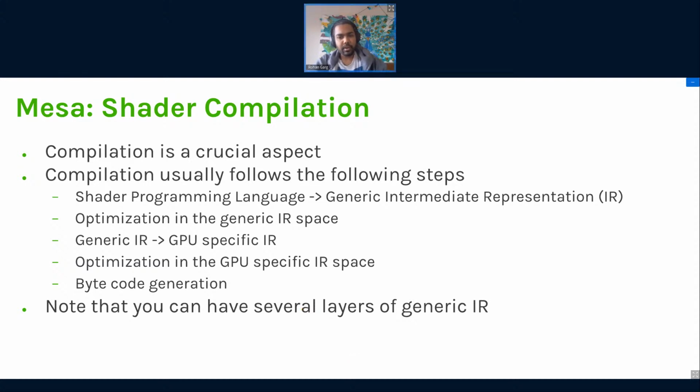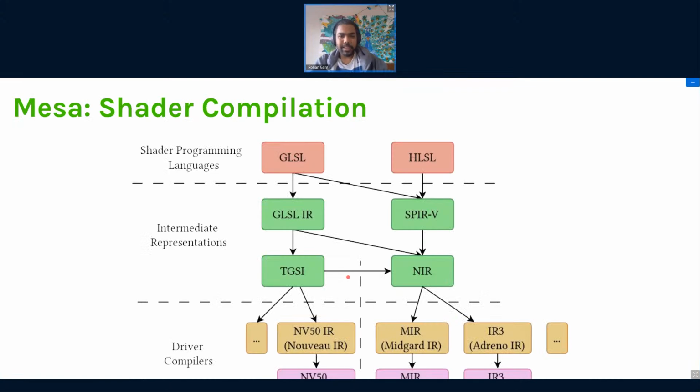So what does this actually look like? Kind of like this. Let's say you have a GLSL program, and the way it will work is that the GLSL will be converted into GLSL IR or SPIR-V, for example. This GLSL IR will then be converted into TGSI or NIR. And between each of these passes, there's also an optimization pass going on.